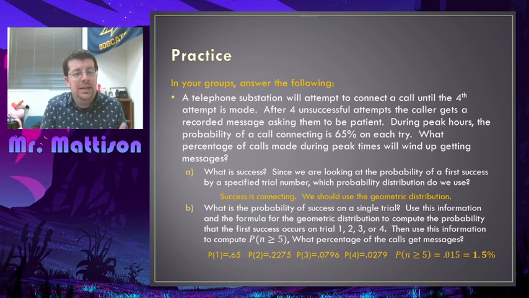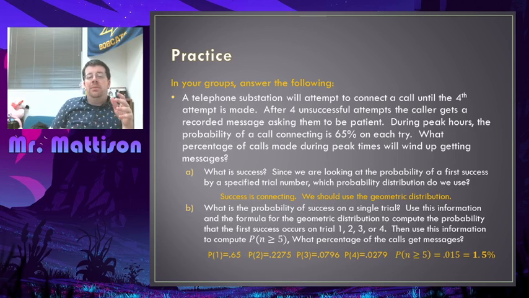Because again, that's going to be easier than trying to find anything past that, because we're really looking for the probability of it taking 5 or more calls, which goes to infinity. So it's easier to just look at 1, 2, 3, and 4 and take that off of 1, right?